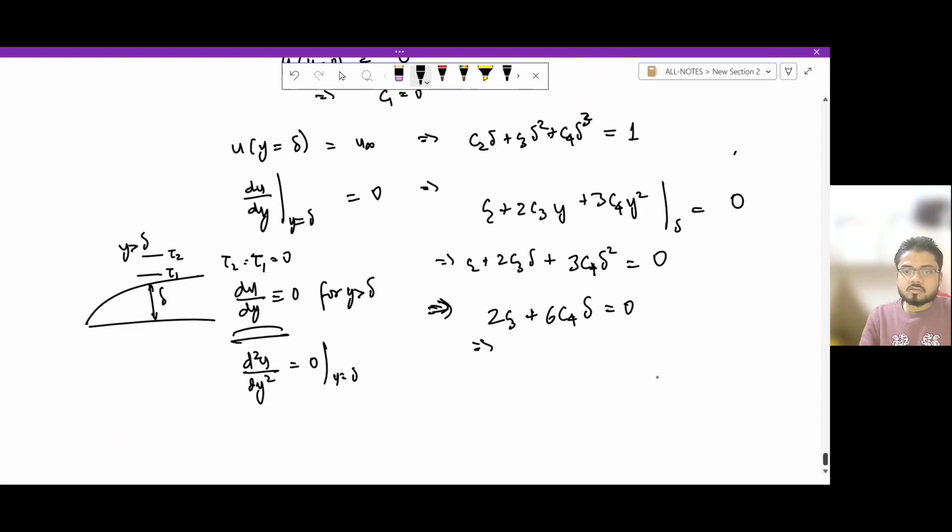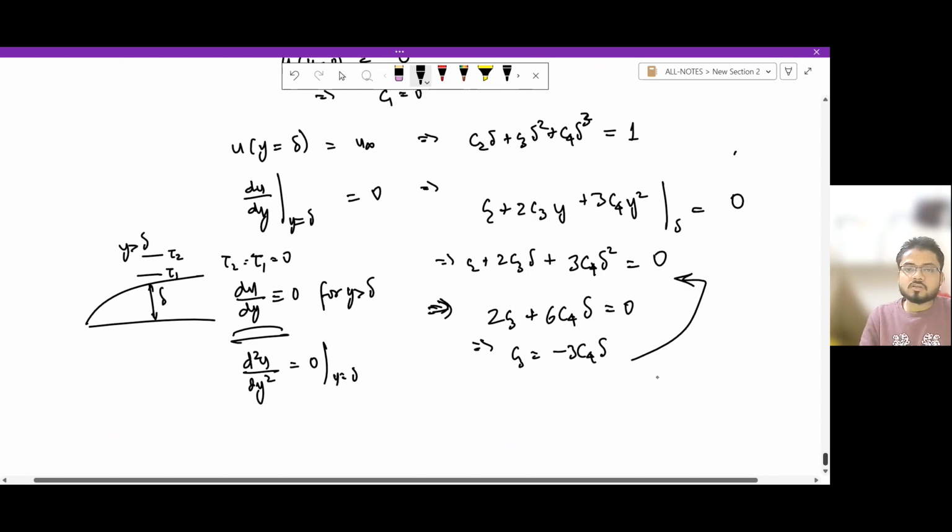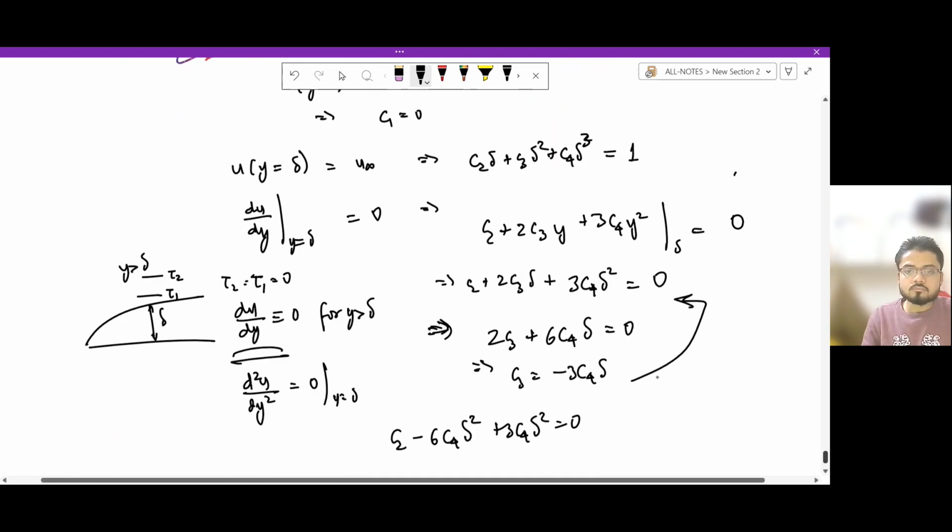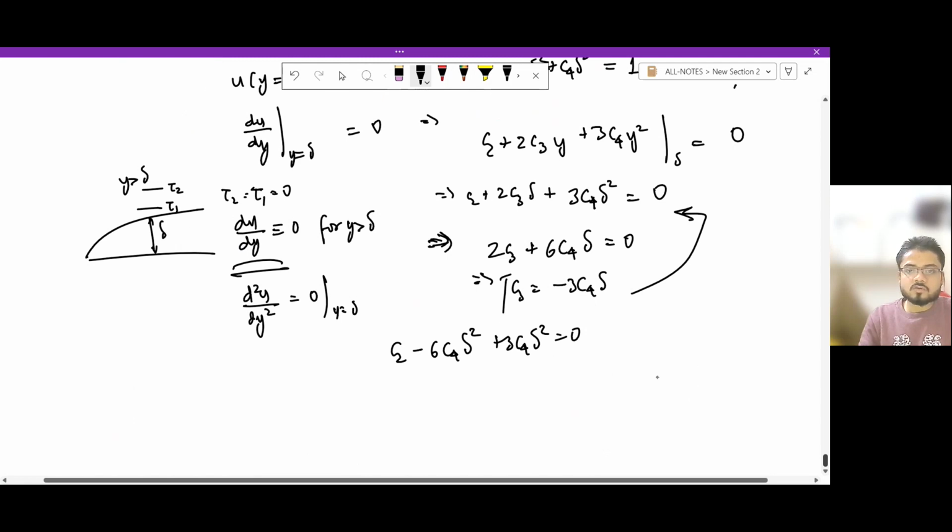This would imply that c3 is minus 3c4 delta. Put this right here. You will get c2 minus 6c4 delta squared plus 3c4 delta squared is equal to 0. This is the first thing. So you get c2 equals 3c4 delta squared.